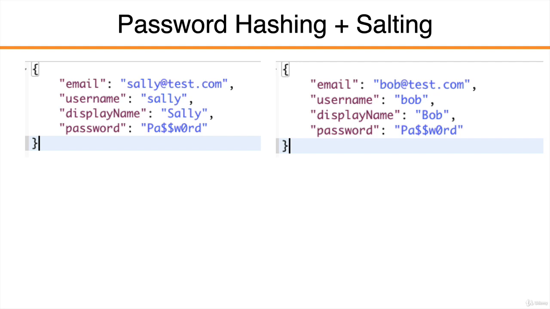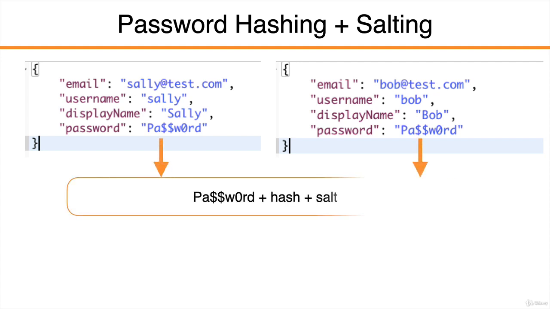So let's take Sally and Bob in this example. They're both registering to our application, and coincidentally, they're both using the same pretty weak password, a password that's commonly used in training courses such as this one. Now, when they register their user and send these details to our application, this password is going to be hashed and it's going to be salted.